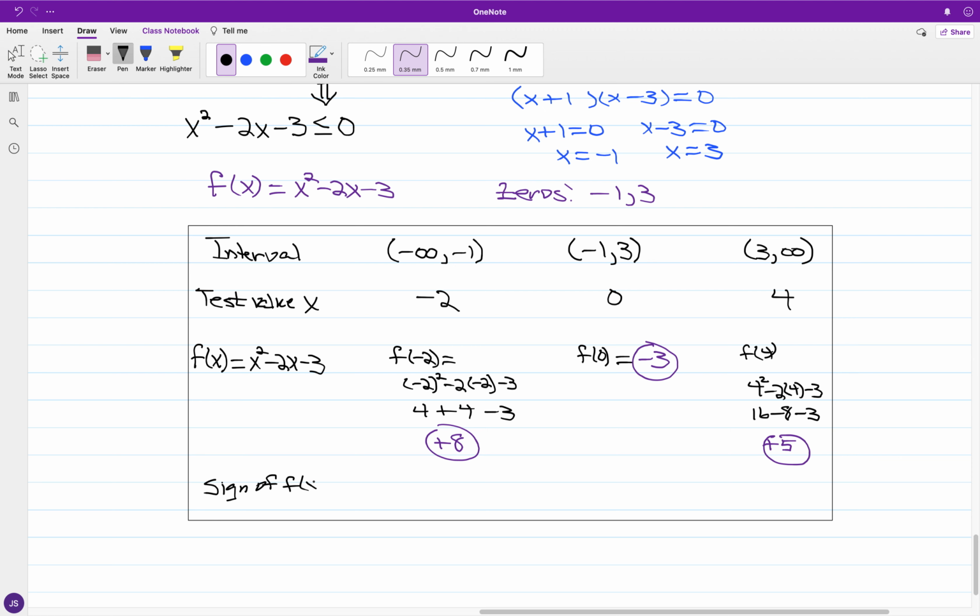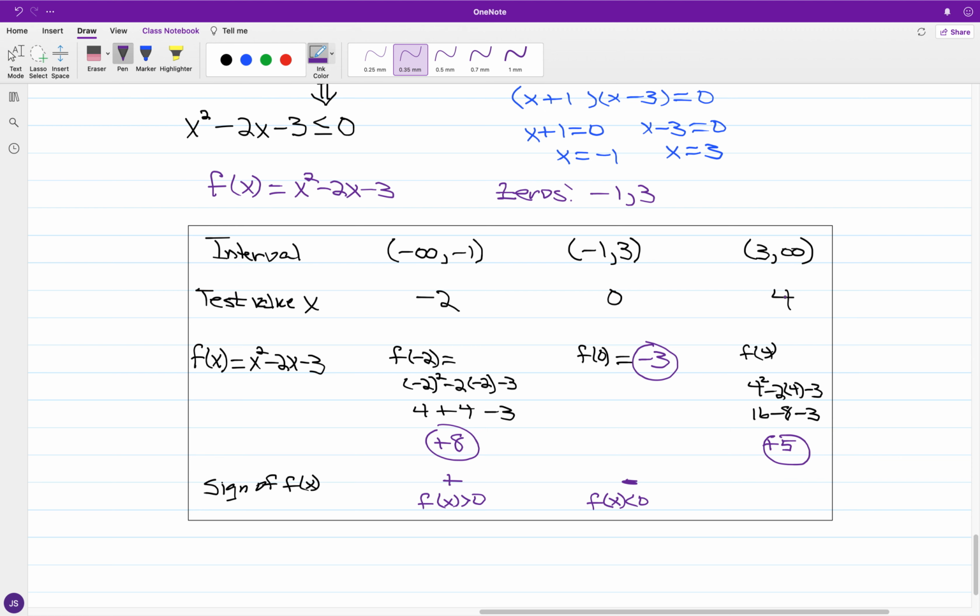Anything we plug in less than negative 1, the output is going to be positive, so f of x is going to be greater than 0. Anything I plug in between negative 1 and 3, you're going to have a negative output, so f of x is less than 0.